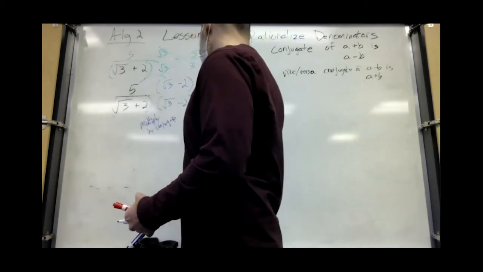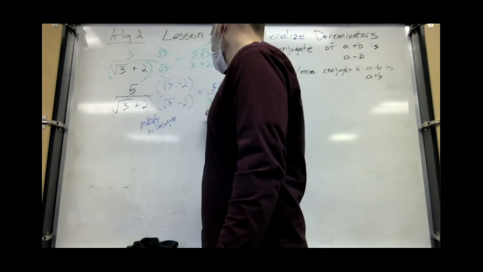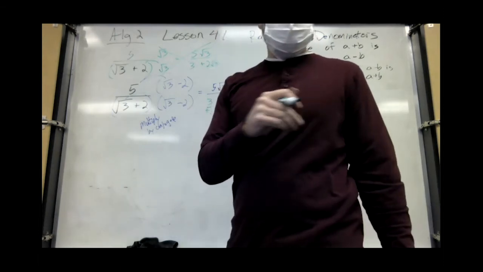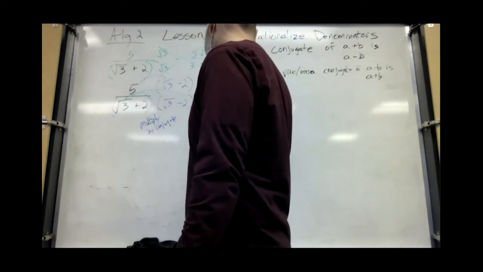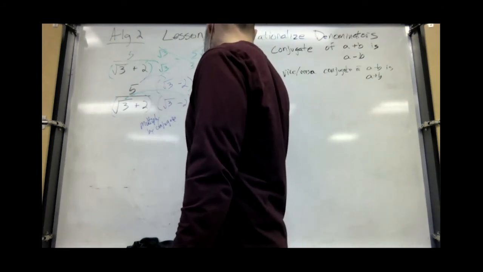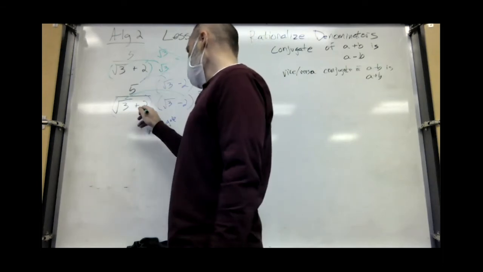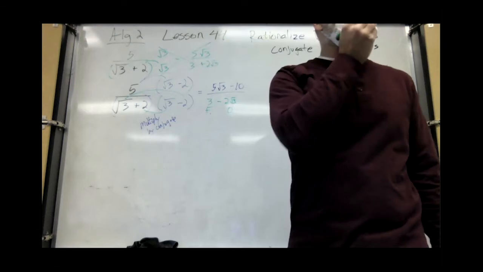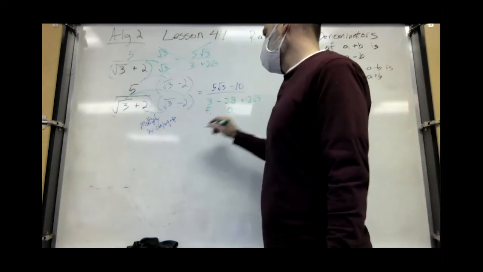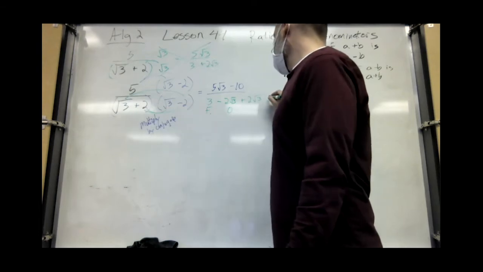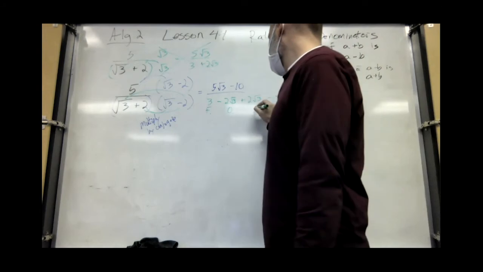You get 3, because radical 3 times radical 3 is 3, right? And then you get radical 3 times negative 2. That is minus 2 radical 3. Uh-oh, you've got a radical in the denominator, but wait a minute. Because when you do the inside term, you get positive 2 radical 3. And then 2 times negative 2 is negative 4, okay?